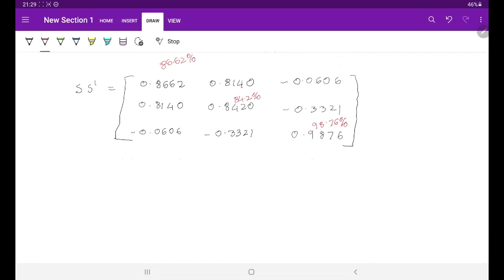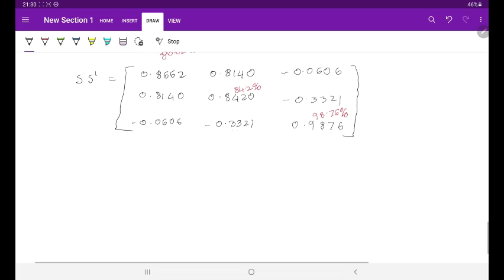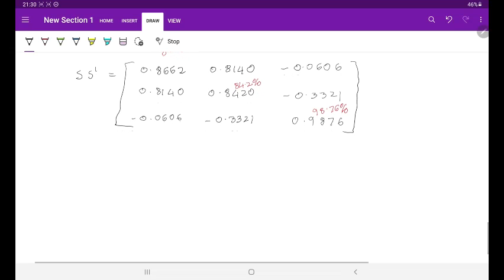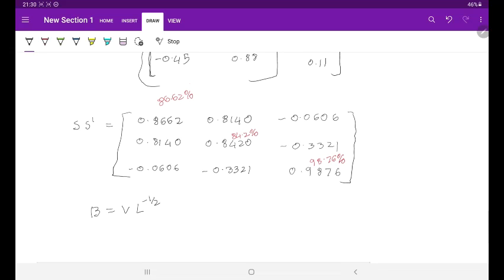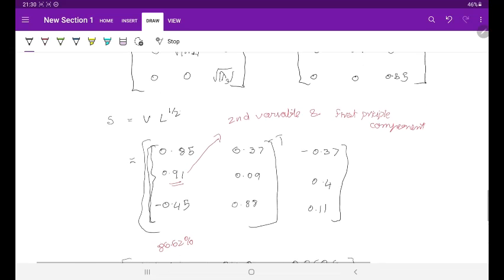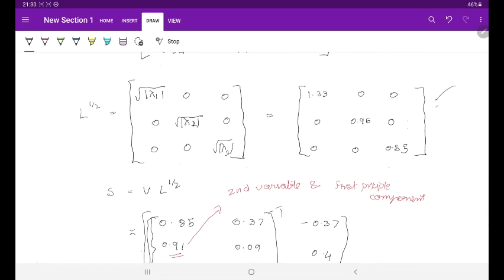In the next step, we are finding the coefficient matrix B, which is formed by using the diagonals of the reciprocal of L1 by 2 matrix, that is B, which is equal to V into L minus 1 by 2, where L minus 1 by 2 is the reciprocal of the diagonal of this matrix.